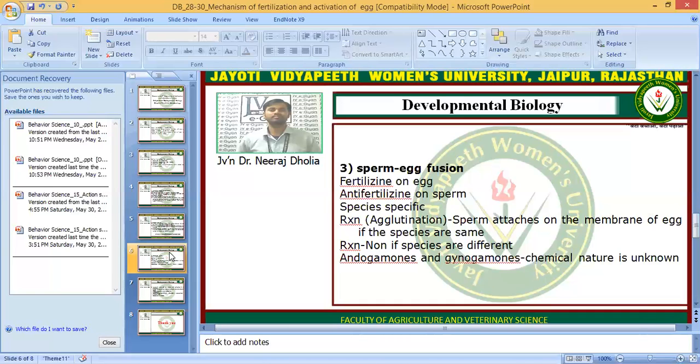Likewise, gynogamone 2 is there, and that makes the head of the male gamete somewhat sticky, and this sticky head is helpful for attachment on the rough surface of the egg.